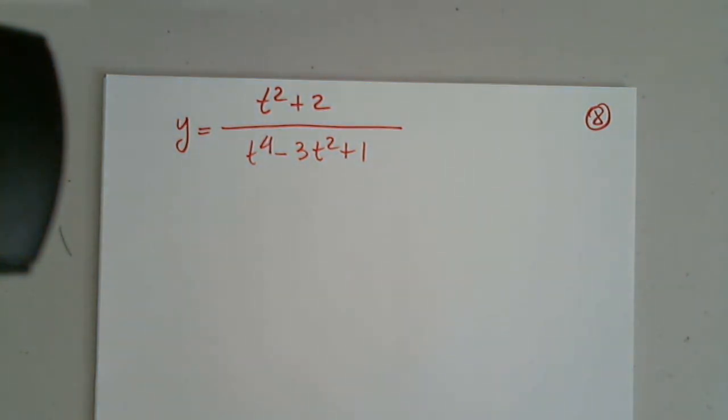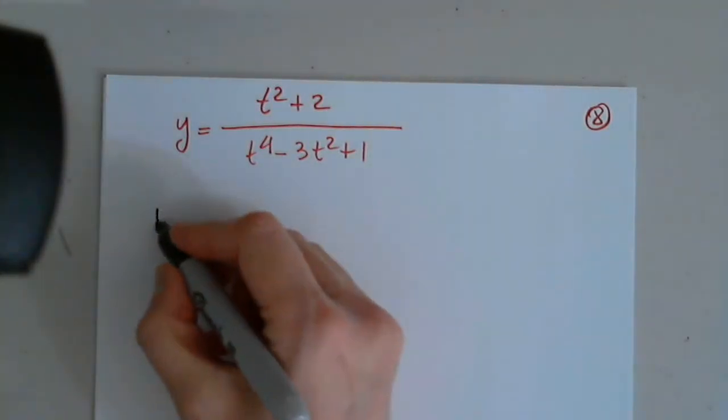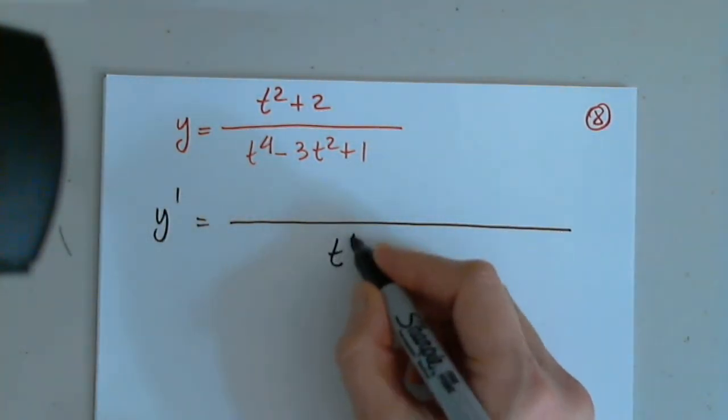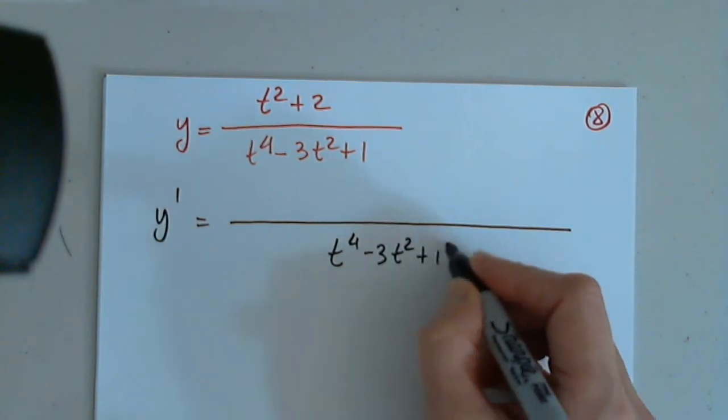This is a mess, right? Why is this a mess? Because I cannot simplify in any way, shape, or form. I can just go ahead and write y prime. I can immediately start with the denominator because that's the easy part.